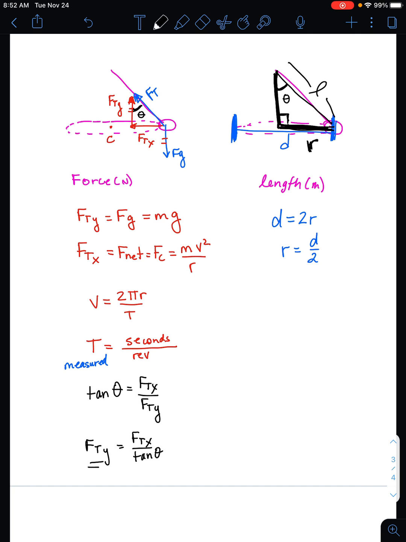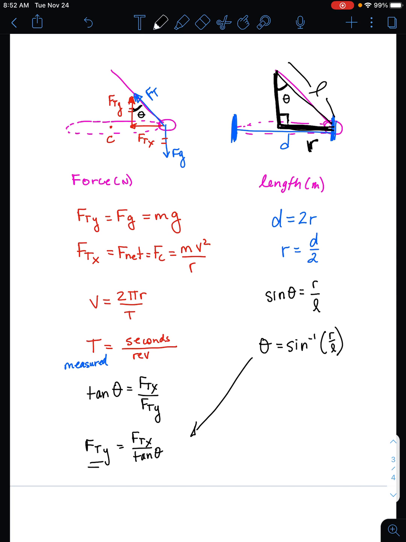To find theta, I can say that the sine of theta is equal to the opposite, which is the radius, over the hypotenuse, which is the L. So I'm going to solve for theta by doing the inverse sine of the radius over the length measurement.